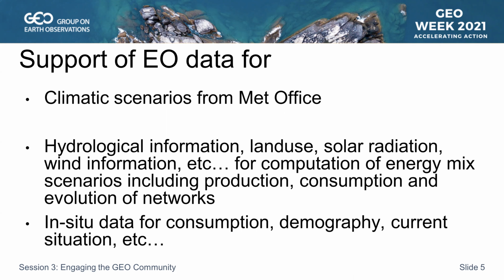Including renewable energy, of course, but all the production, consumption, and also the evolution of the networks. In addition to this, there is a strong need of in-situ data for consumption, for demography, for the current situation and its evolution, and models that can also handle this evolution and describe it.